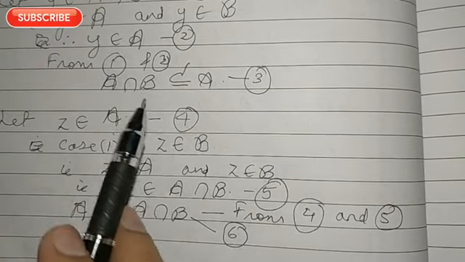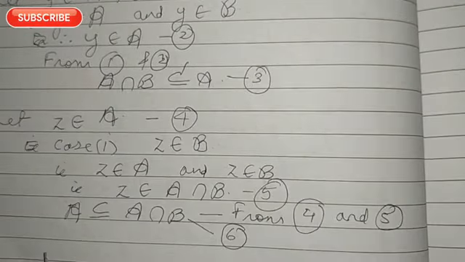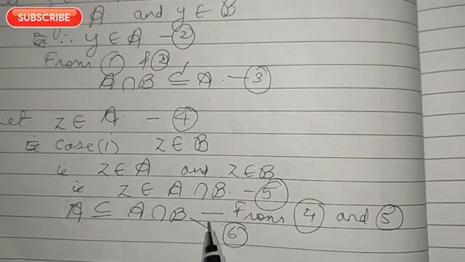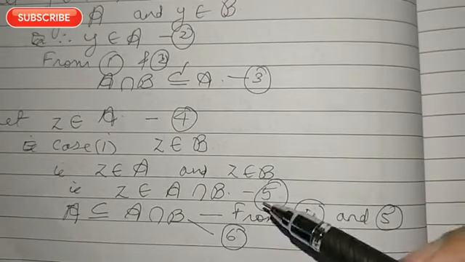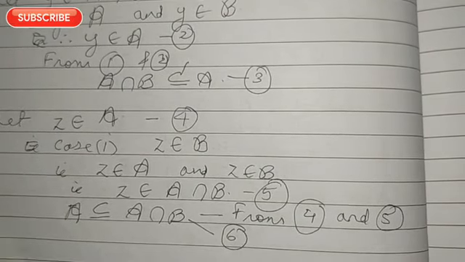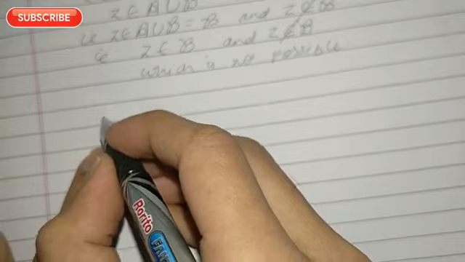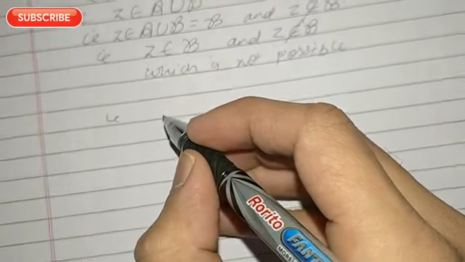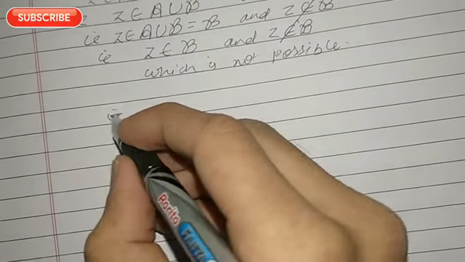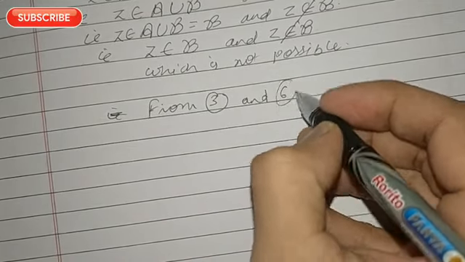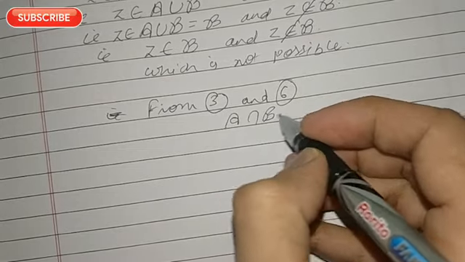Statement 3 is A intersection B is a subset of A, and statement 6 is A is a subset of A intersection B. So from 3 and 6 we get that the two sets, A intersection B and A, are equal. A intersection B is equal to A.